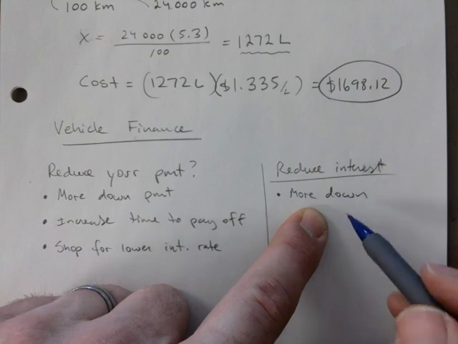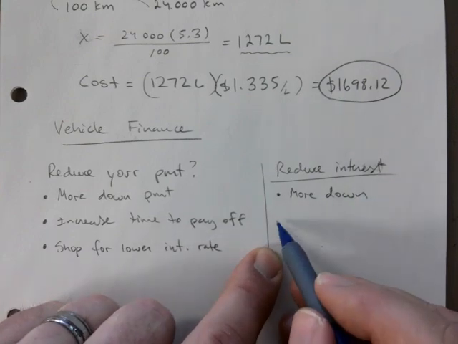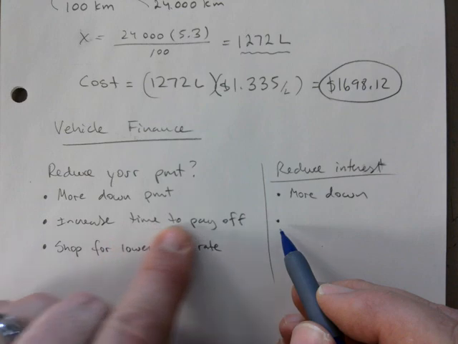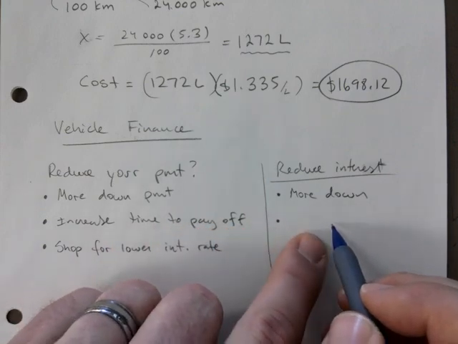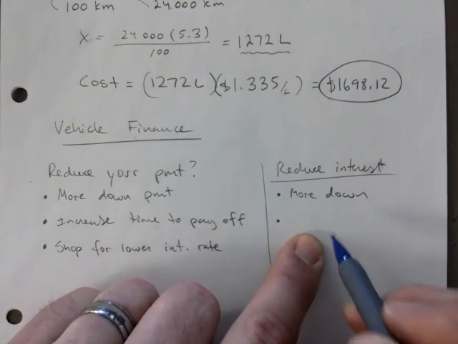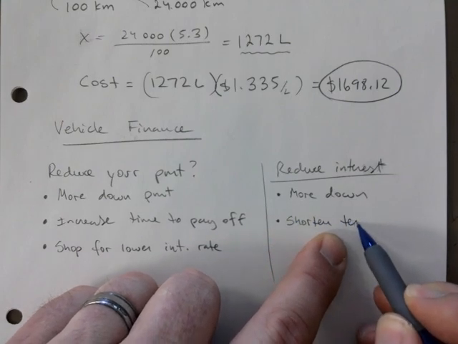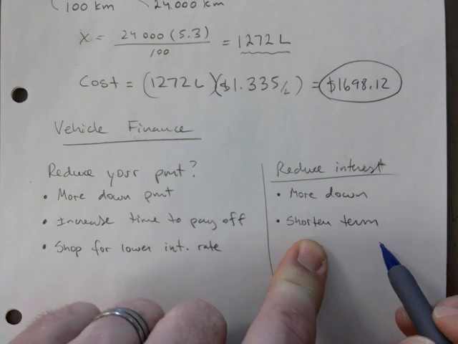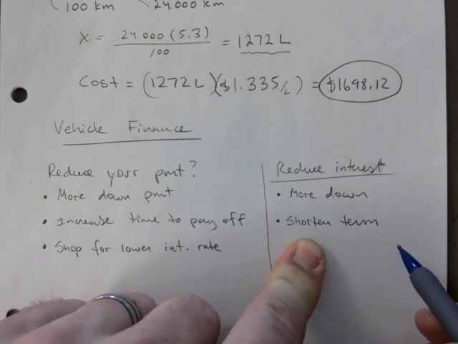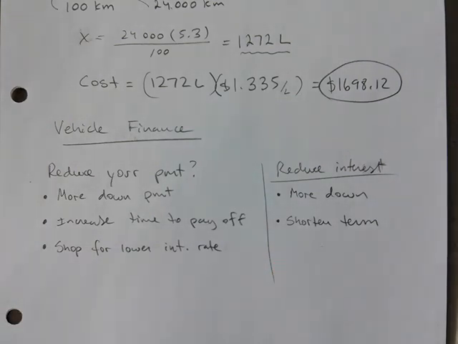For sure, you pay less interest if you pay it off quicker. Can you increase the time to pay it off? Can you copy that over? You got to shorten it. Yeah, shorten term. Okay, so less time to pay it off. That's how you save on interest if you pay it off faster.